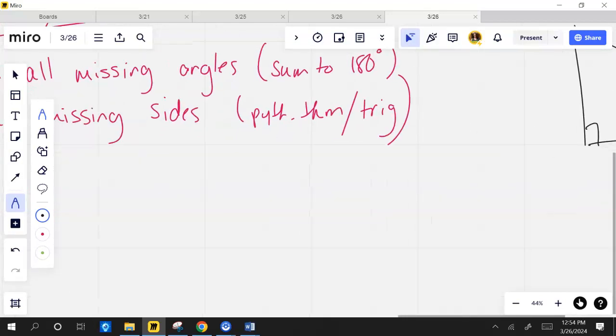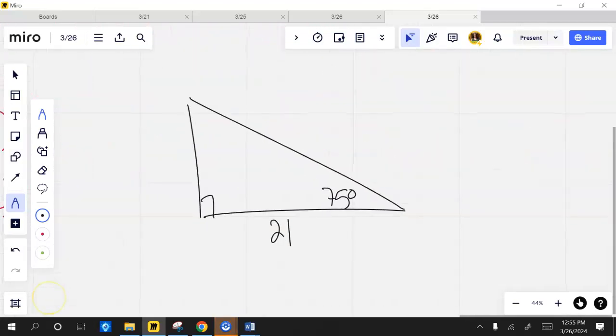The first thing I do is pick up whatever's the easiest for me to find. In other words, if I've got two of the angles and I'm missing one angle, that last angle is really easy to find. Or if I've got two sides and I'm missing a side, that one side's really easy to find. So that's where I always start.